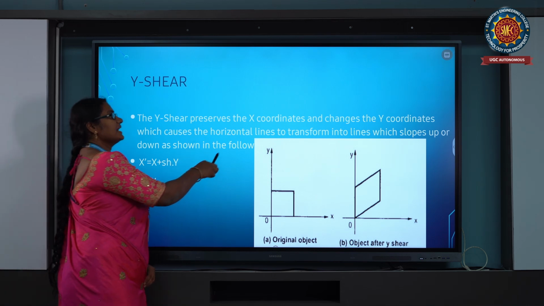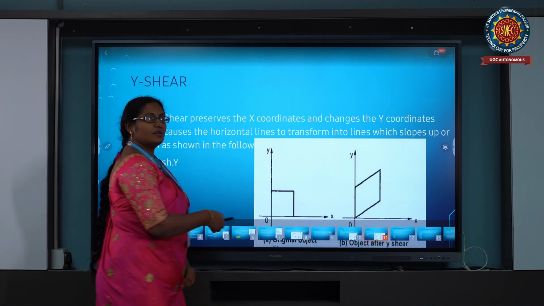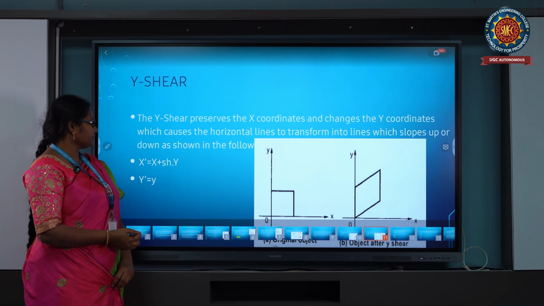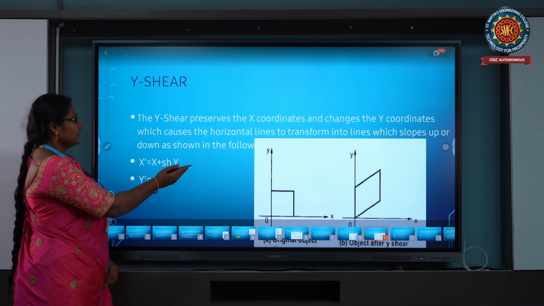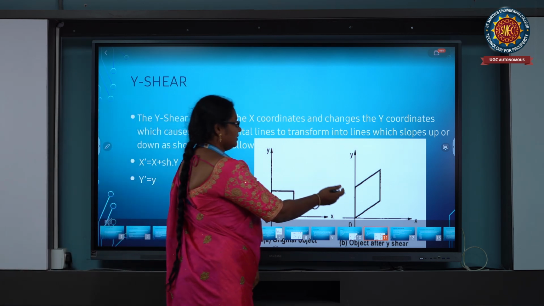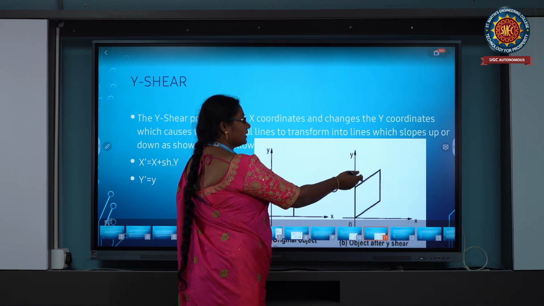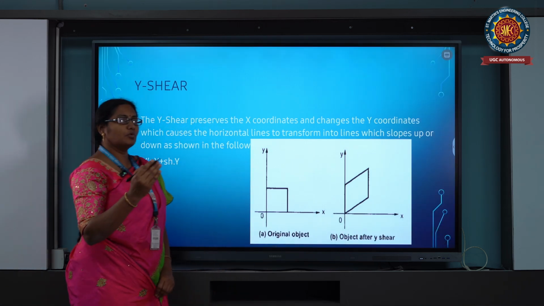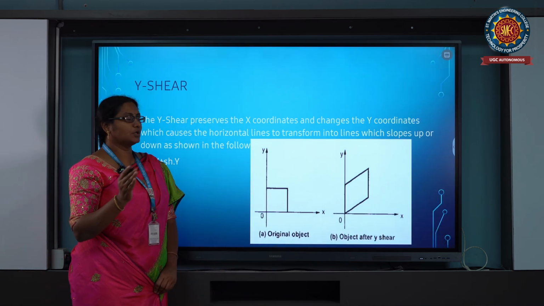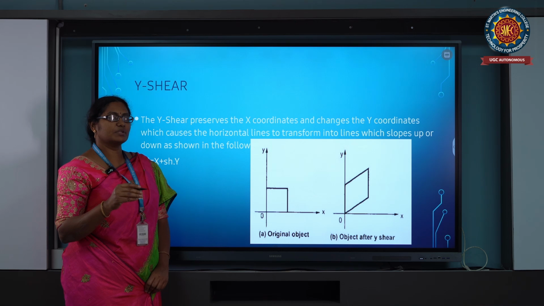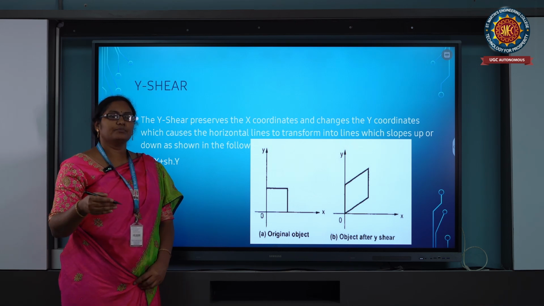Here we preserve the x coordinates and change the y coordinates. So finally you will get the sheared image towards the y direction. In the x direction, the image will move right to left. In the y shearing transformation, the image will move top to bottom.